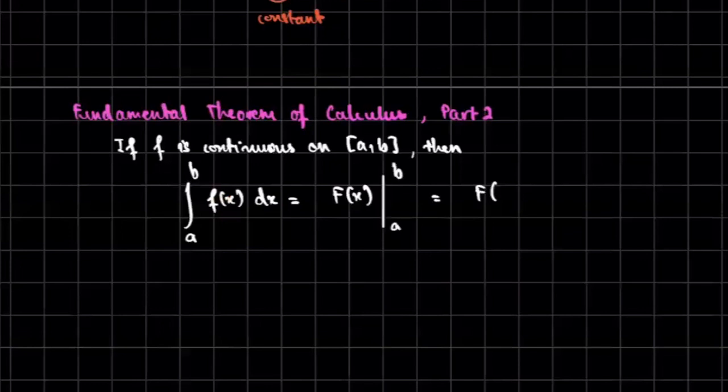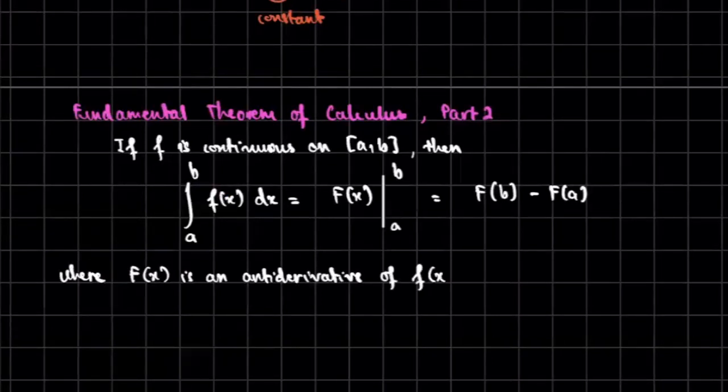What you get is the formula of capital F of b minus capital F of a, where capital F of x is an antiderivative of little f, or what you say is capital F prime equal to little f.